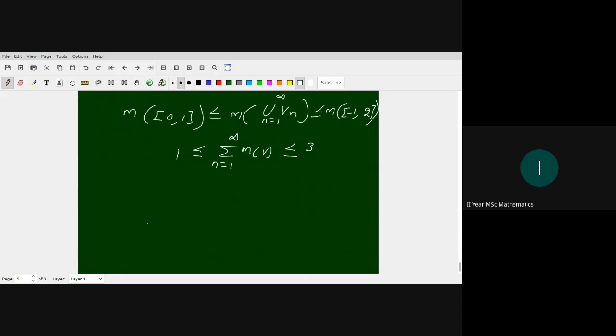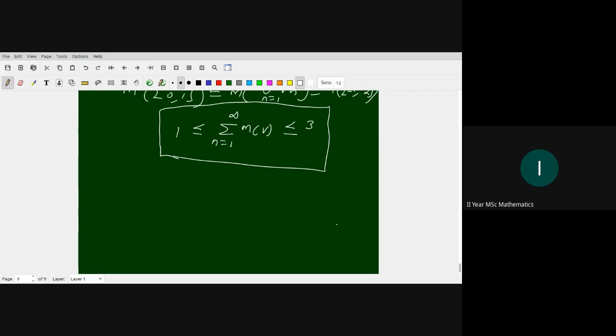So we have this beautiful inequality relating m of B. It gives the range of the summation of m of B. Now we create a contradiction against the order relation in the natural numbers.